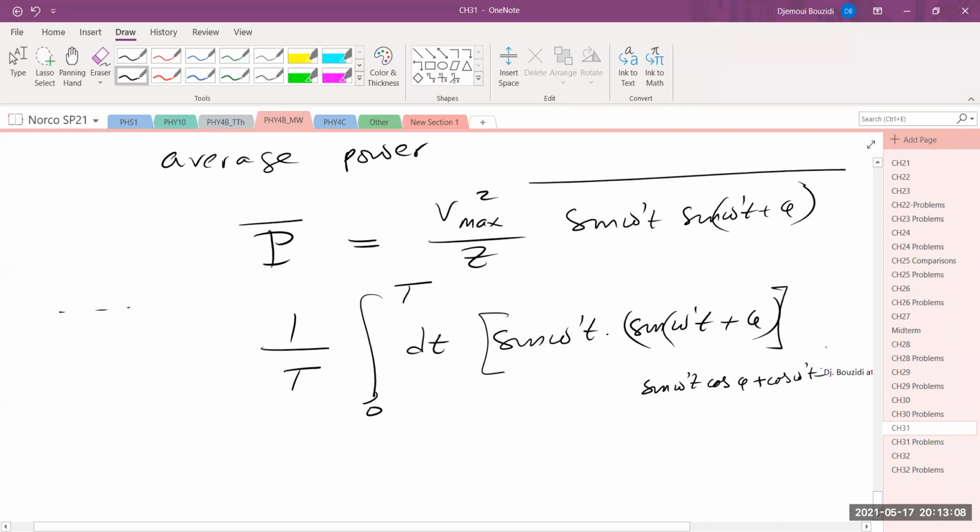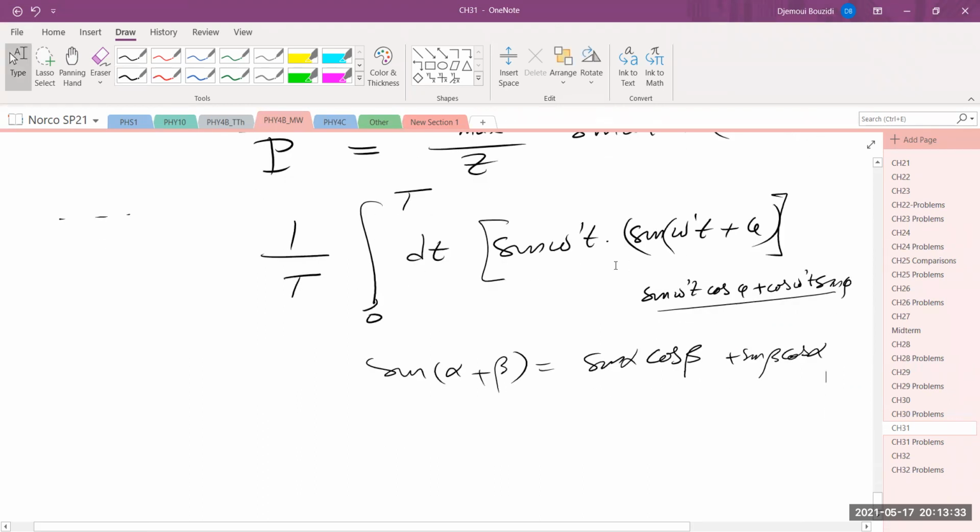This is the trig identity: sine of alpha plus beta is sine of alpha cosine of beta plus sine of beta cosine of alpha. So exactly what I've used here.